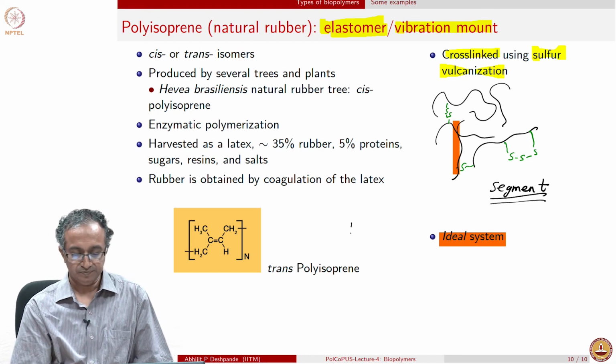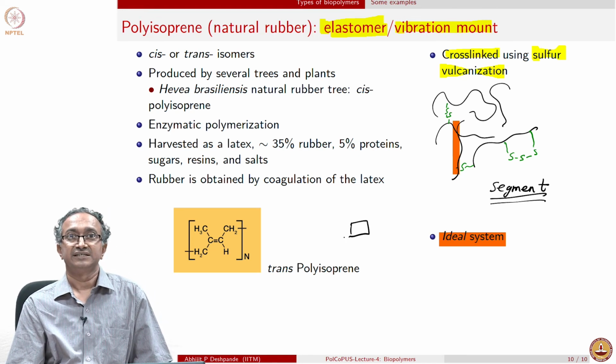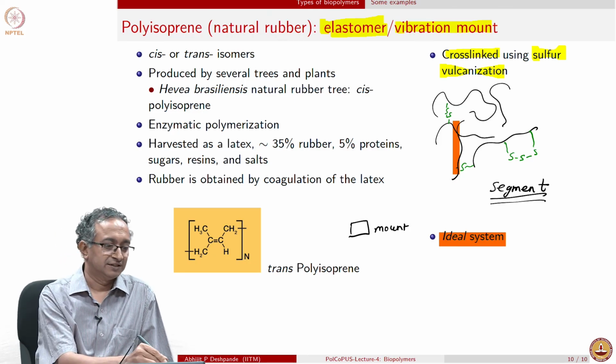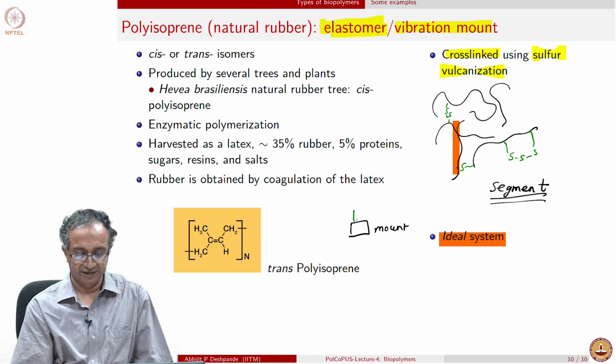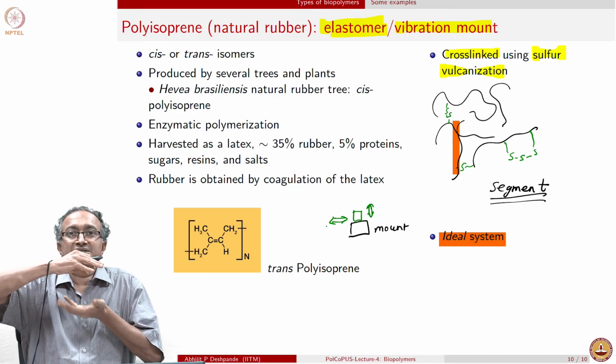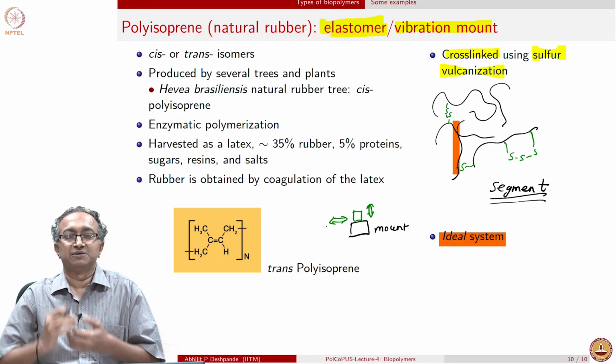When we are using it as a vibration mount, let us say this is the mount, and then we have another component which is vibrating, either up and down or depending on the instrument. So, it is going basically this way, while the bottom is the rubber component which is the mount.